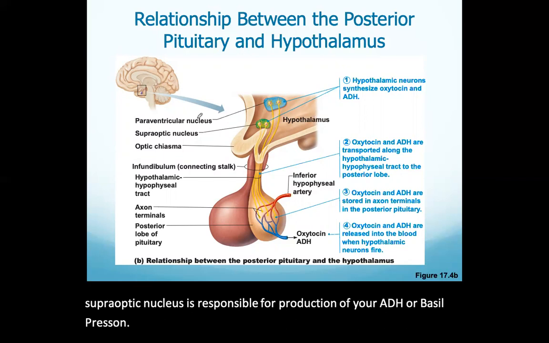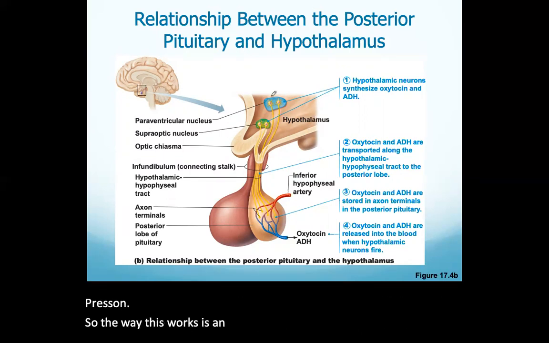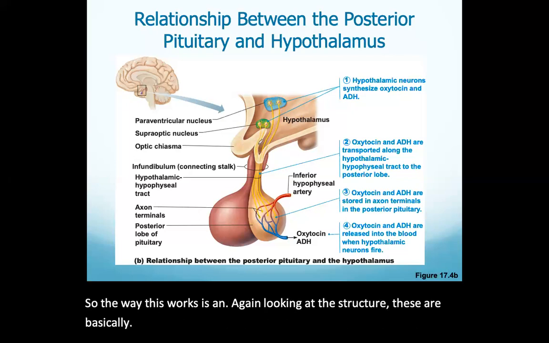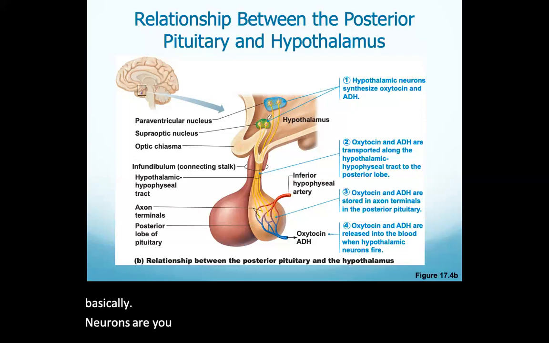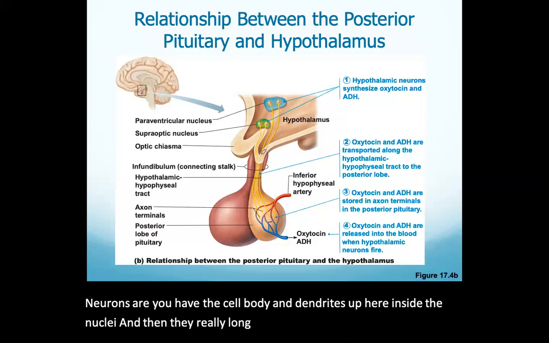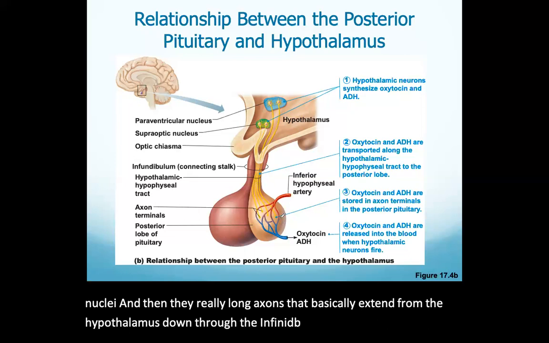Looking at the structure, these are basically neurons. You have the cell body and the dendrites up here inside the nuclei, and then the really long axons that extend from the hypothalamus down through the infundibulum and eventually into the posterior pituitary gland.